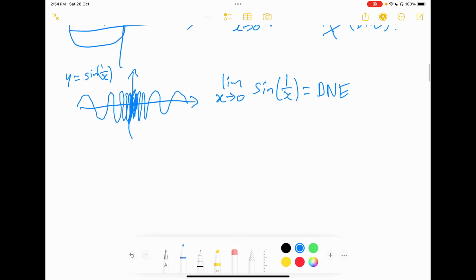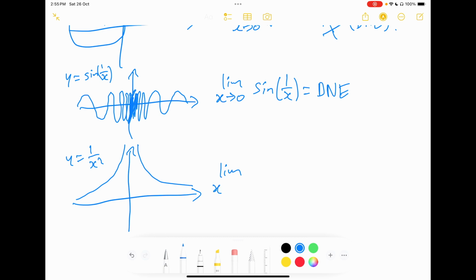All right, let's look at one more type. Let's look at the function y equals 1 over x squared. For this one, it's a bit more tame than the other functions. As x approaches 0, you can kind of say that it approaches positive infinity. However, remember that infinity is not a number. Infinity is a concept.